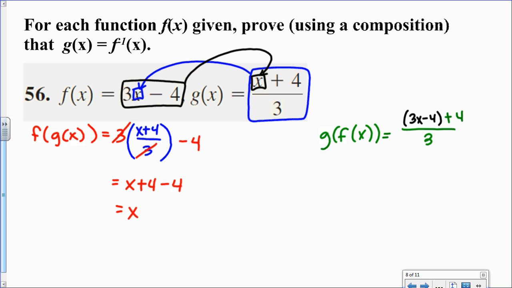Okay, you have to simplify this correctly. You cannot cancel these 3's yet until you simplify the numerator. After the parentheses, there's just a plus sign. You're just adding. So if you're just adding or subtracting, you can get rid of the parentheses.